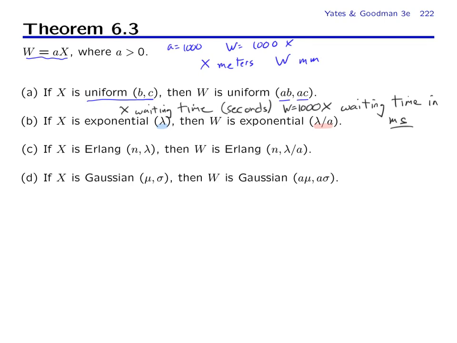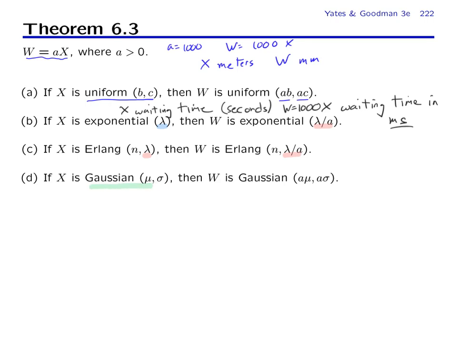And the same thing goes for the Erlang. In the Erlang random variable, lambda was once again a rate parameter. And if you change the unit by this factor of 1,000, then the rate parameter goes down by 1,000.